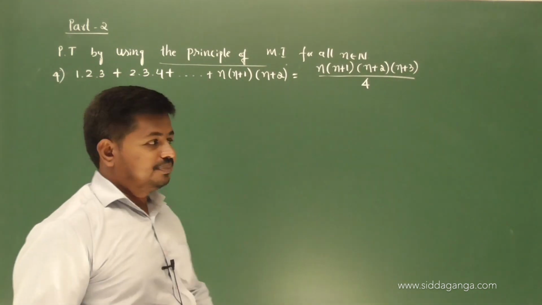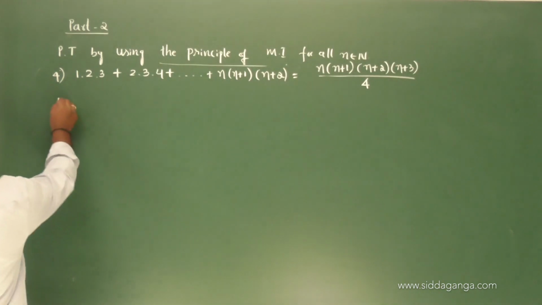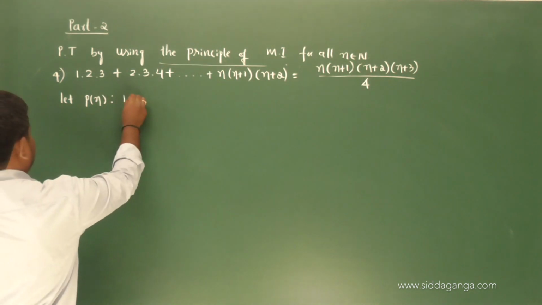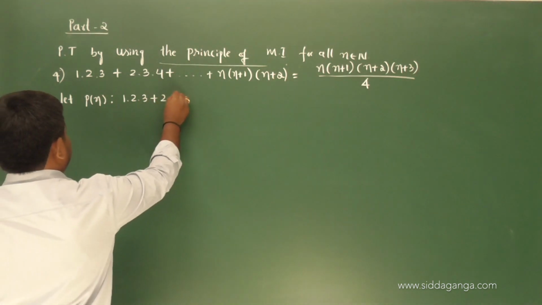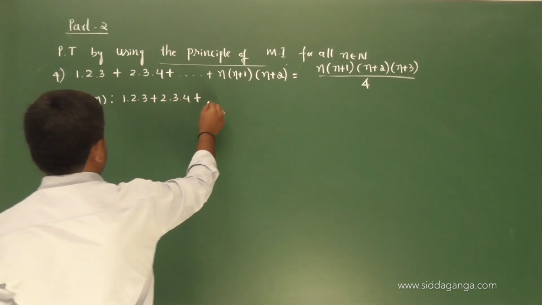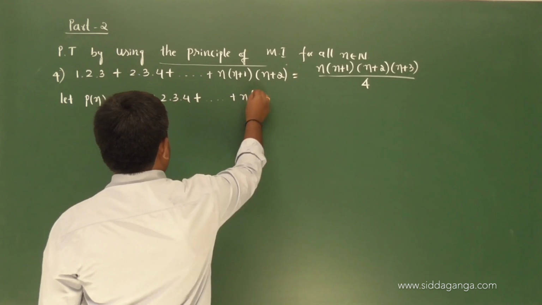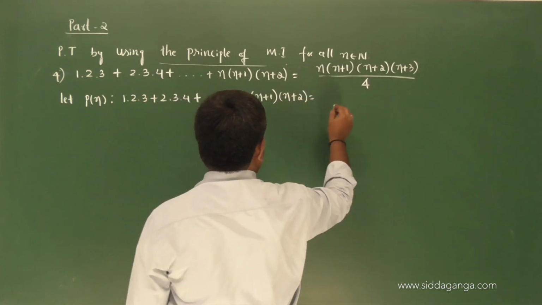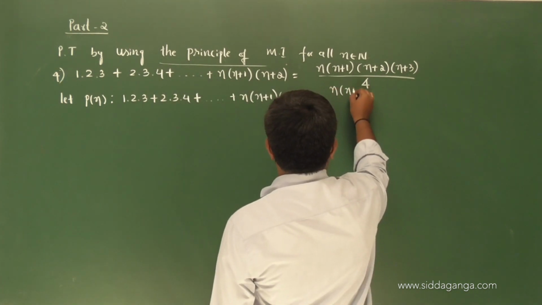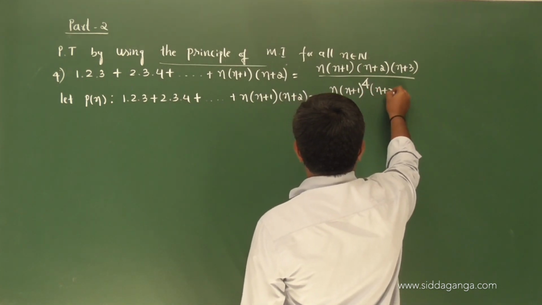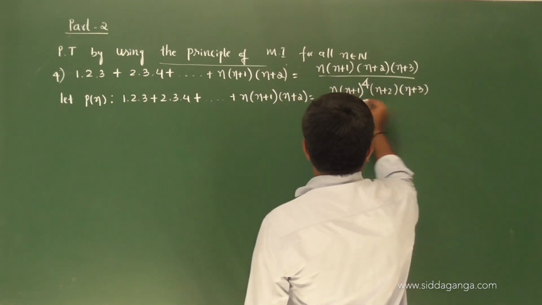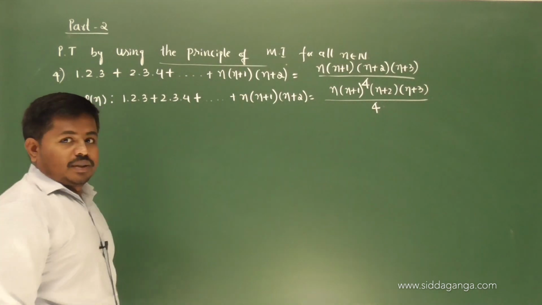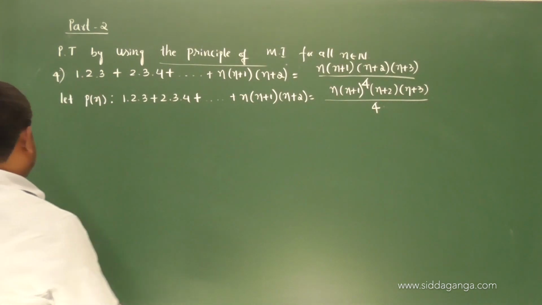The first step is: let P of n be the given statement, that is 1 into 2 into 3 plus 2 into 3 into 4 plus 3 into 4 into 5 and so on, n into n plus 1 into n plus 2, is equal to n into n plus 1 into n plus 2 into n plus 3 by 4. This is the given statement.